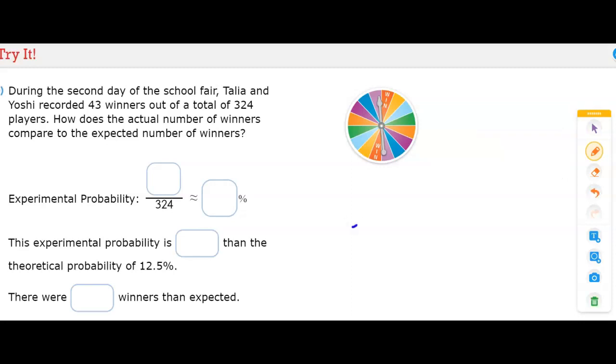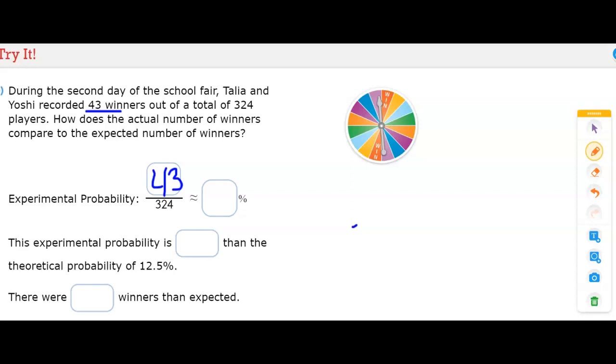So we have 43 winners out of 324 players, and we're comparing the actual, the experimental, with the theoretical.